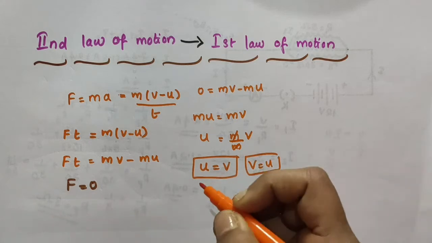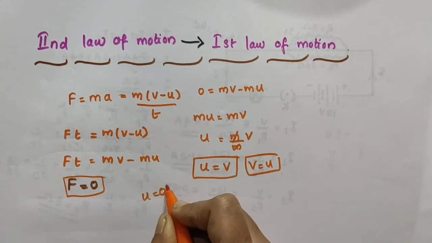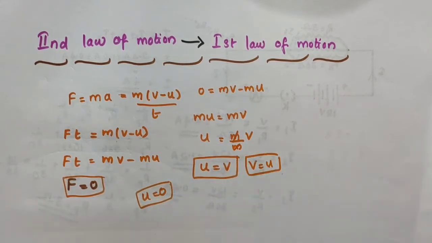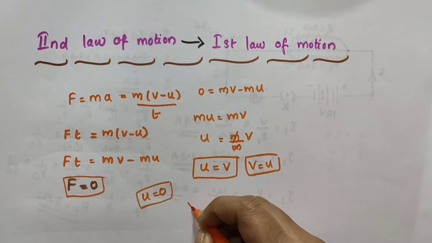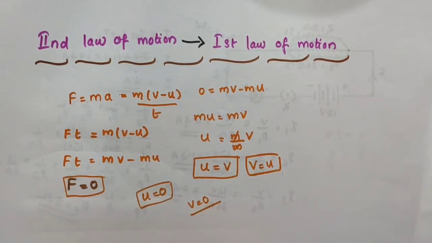Now, if I take one more condition, that is u equal to 0. First we have taken F equal to 0. Now if I take u also equal to 0, then what about v? v also becomes 0. u equal to 0 means the object is at rest, and there is no external force acting on that object.